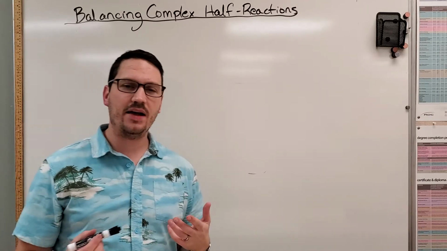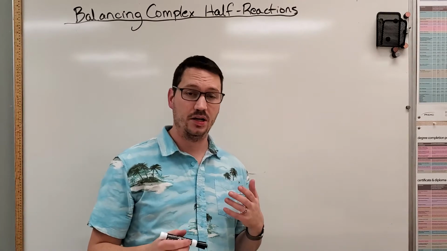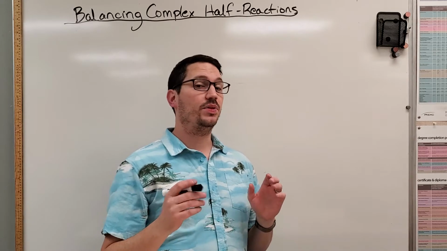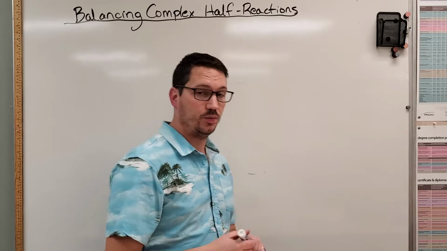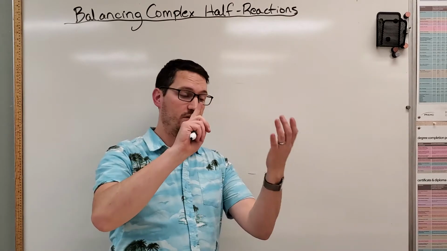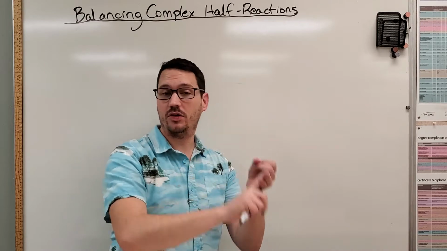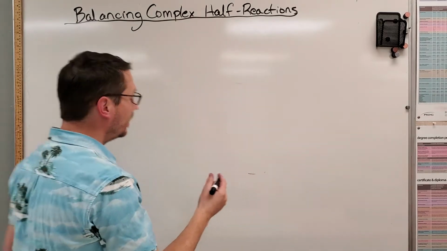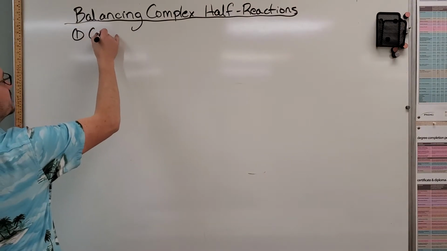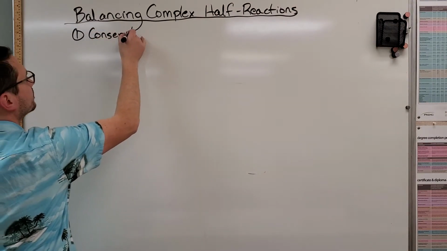So a complex half reaction is very similar to a regular half reaction, except there's usually more elements involved in it. But we still follow our two laws, law of conservation of mass and then law of conservation of charge, okay? And so we're going to balance using, first of all, the conservation of mass.